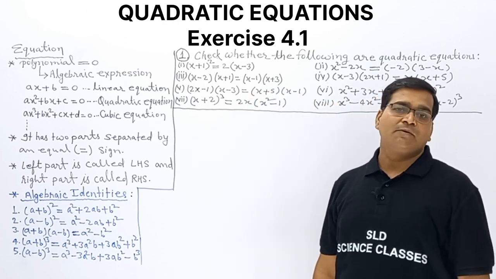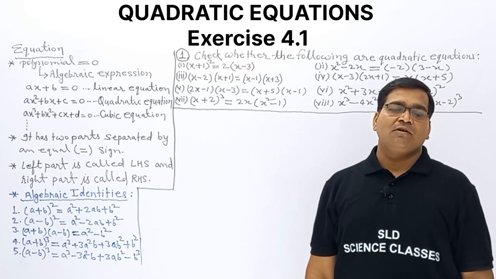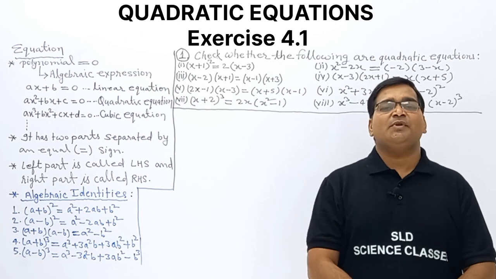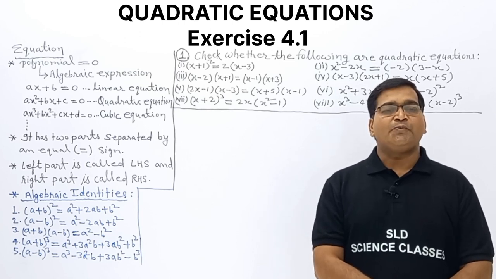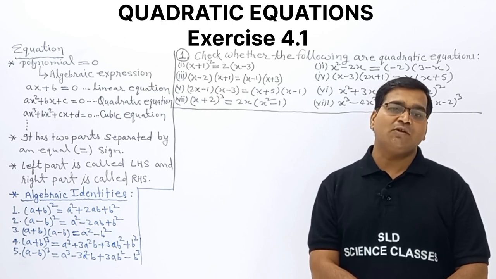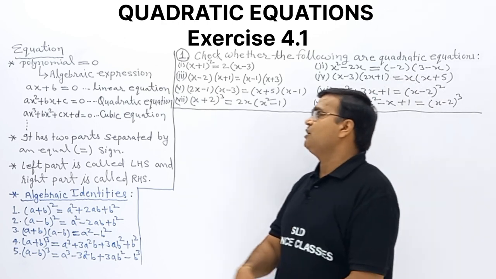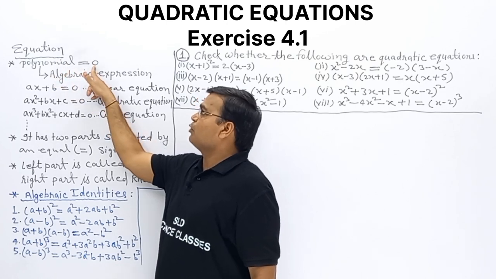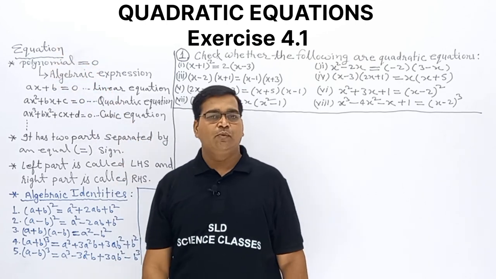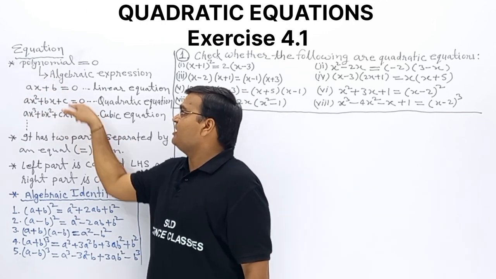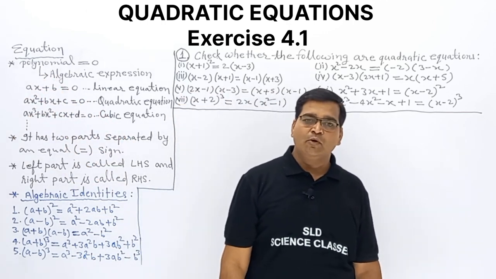So we can say an equation is an algebraic expression obtained by equating a polynomial to 0. Once we put a polynomial equal to 0, then what we are getting? Equation.